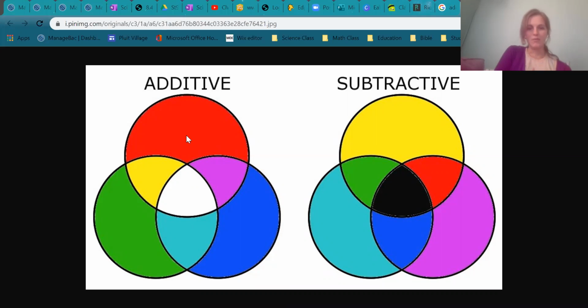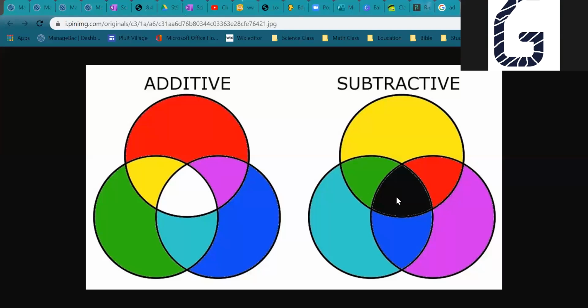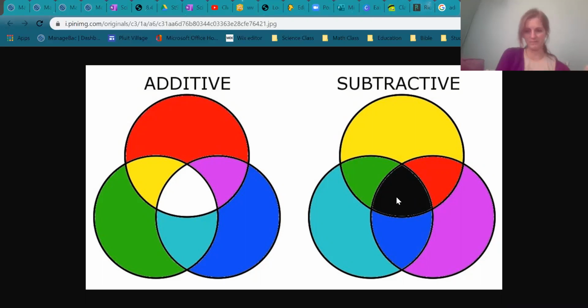So you have all the colors that you see from the red shining, plus all the colors you see from the green shining. And when those go together, you see the yellow. So that's why when you add all the colors together, it makes white light. But in subtractive, if you add all the colors together, they absorb all the light, so nothing is reflected because it's black.